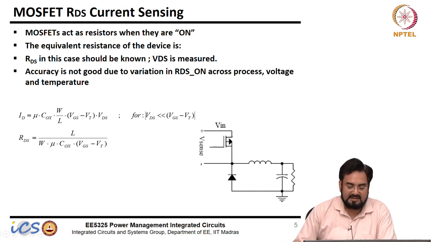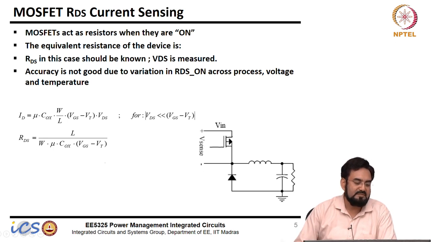When this switch is on, you just measure the voltage across it, and if you already know the RDS on, then you can get the current information.